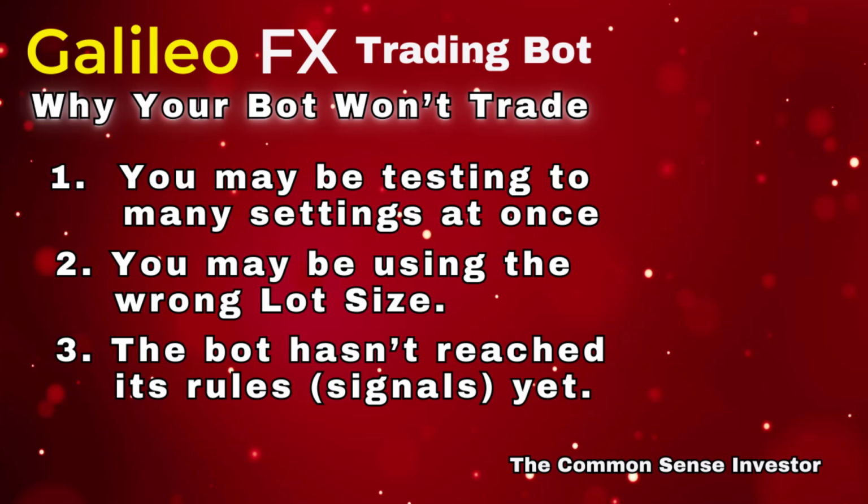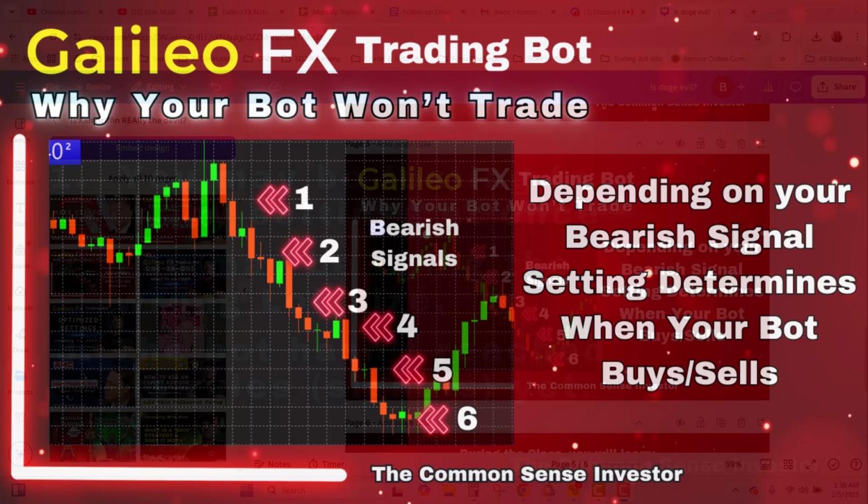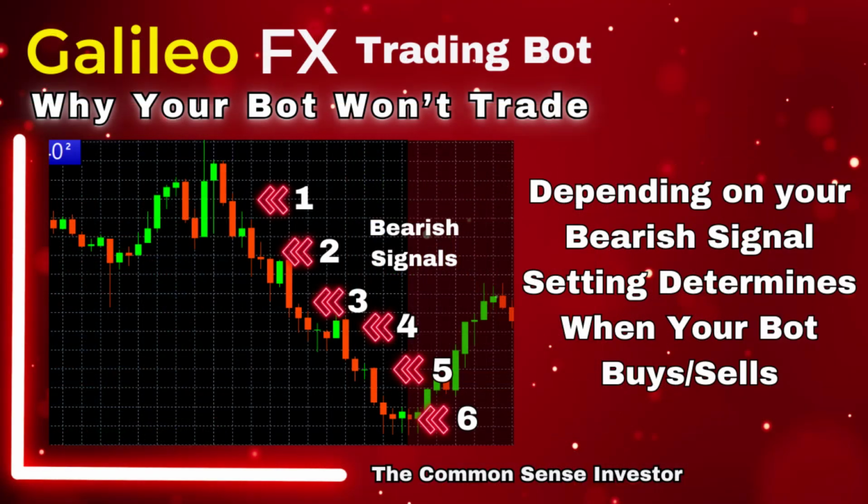The third reason that it may not trade is that it hasn't reached its rules yet. Okay? What does that mean? Every bot has rules. And in the Galileo FX, the rules are the bullish and the bearish consecutive signals, which means the very first bearish signal on the chart, Galileo will buy.